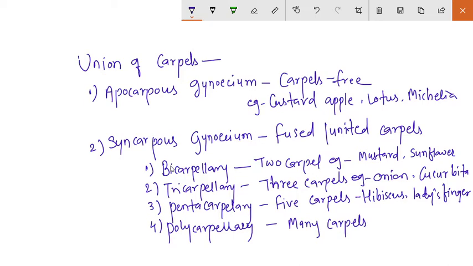Sometimes the ovaries and styles are united, stigma free. Sometimes the styles and stigma are free and ovaries united. Sometimes ovaries may be free and the style and stigma united. Okay. So such different conditions, or different levels of union, may be observed in the gynoecium.